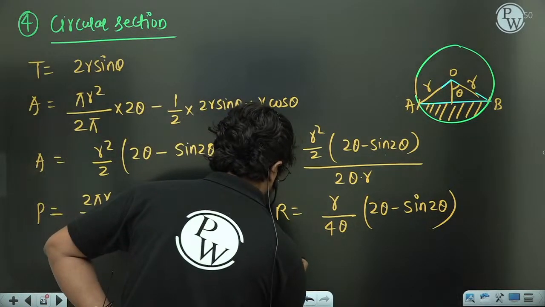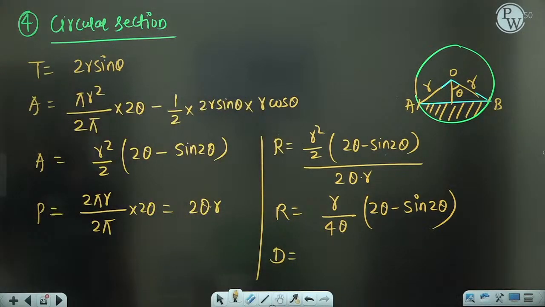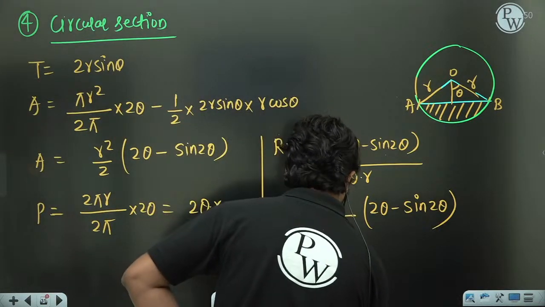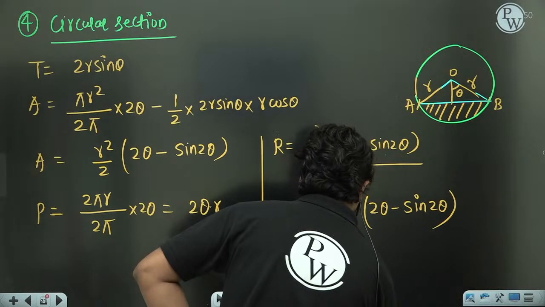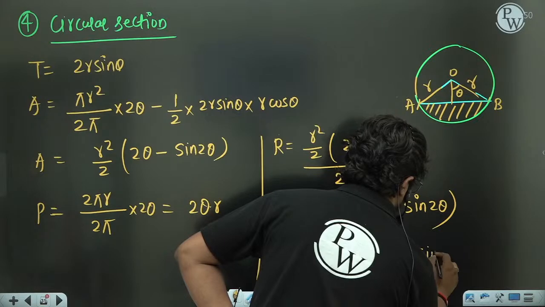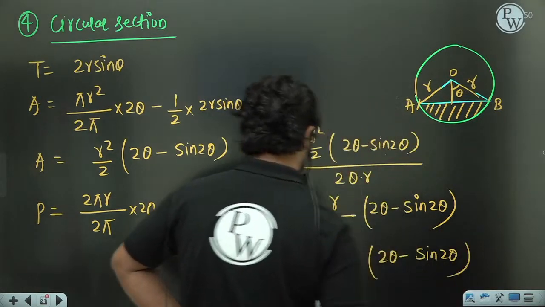Similarly for D, what we will get here? D will be A by T, na? So we are getting it as R by 4 sine theta, 2 theta minus sine 2 theta.